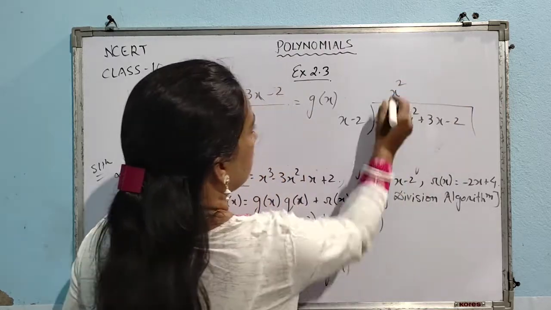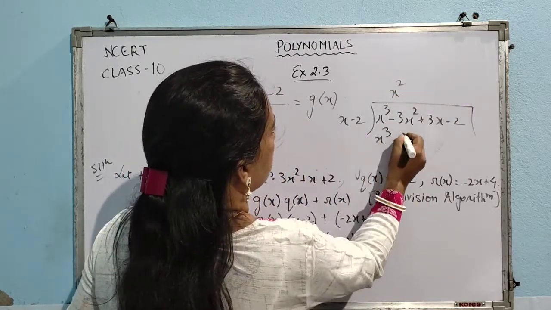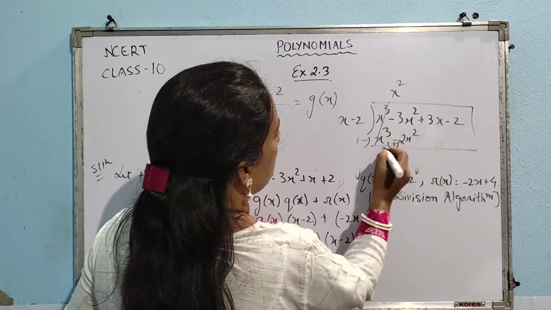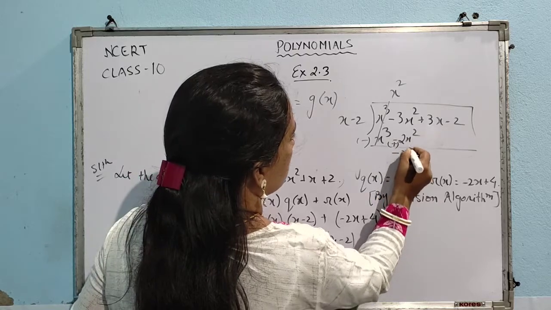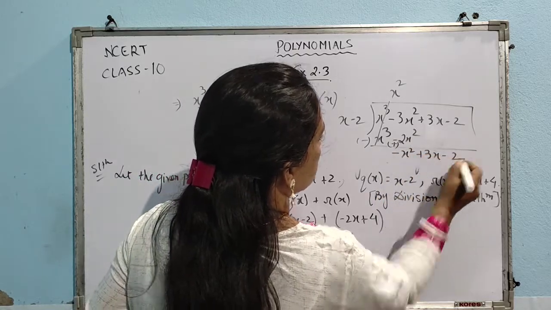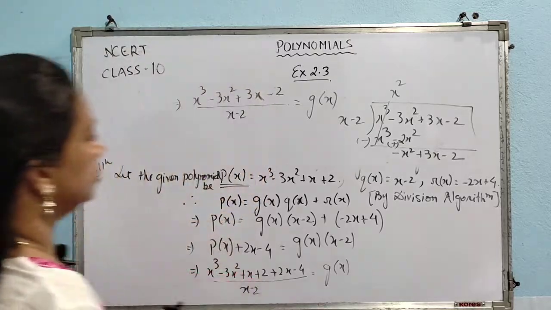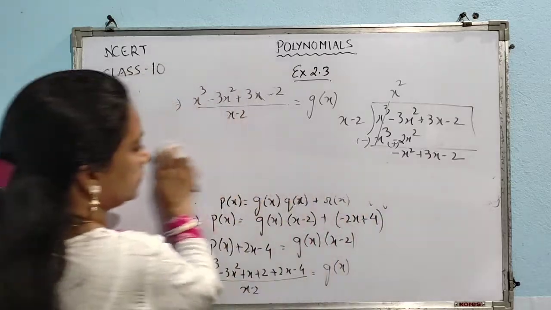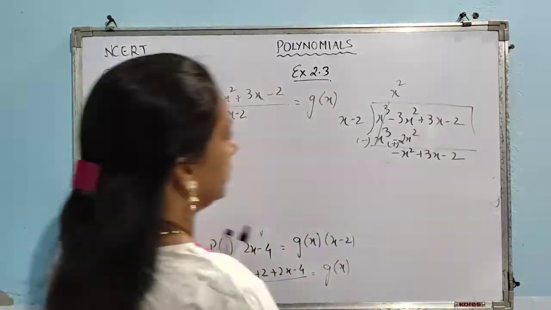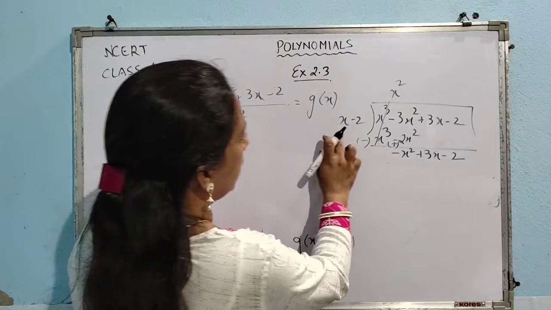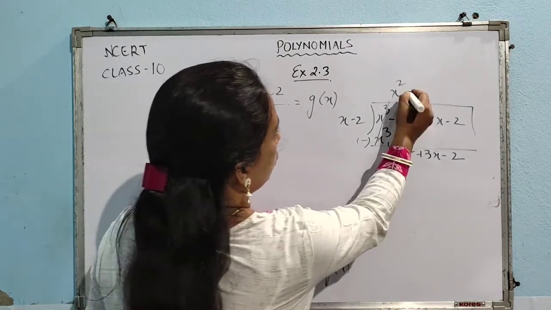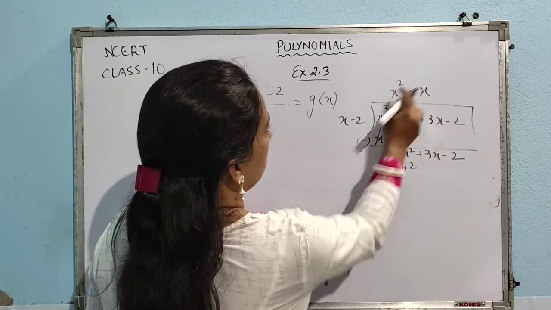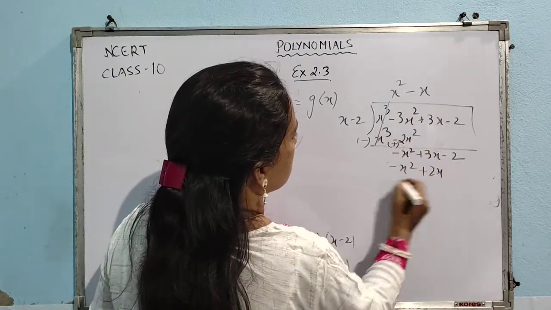So x square, x cube minus 2x square, done. Here it will be minus 3 plus 2, that is minus x square plus 3x minus 2. Again here x, it is minus x square, so x into x gives minus x square, and minus minus gives plus 2x.